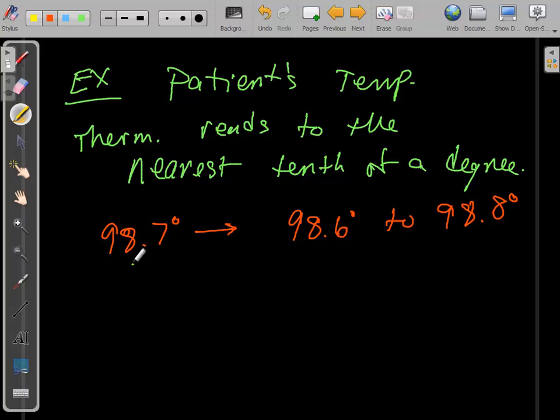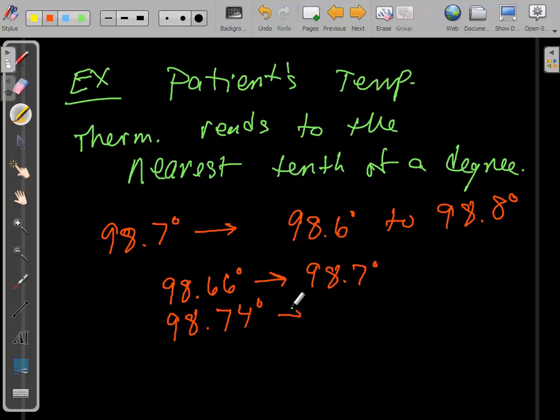So was it that the temperature actually was 98.6 degrees, in which case we would round up to 98.7 degrees, or was it that it was 98.74 degrees and we rounded down to 98.7 degrees? Since the refinement is on the tenth, anything happening in the hundredths or beyond we wouldn't be able to pick up, and so it's just an approximation.